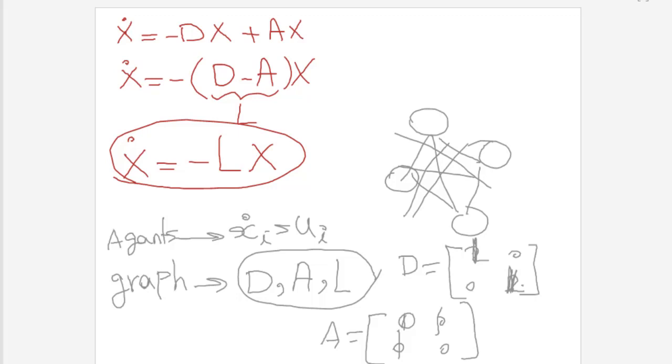And based on this definition, you can draw the graph. It's not necessary to draw the graph because in a complex system, drawing the graph is very hard. We only set D and A for the graph.